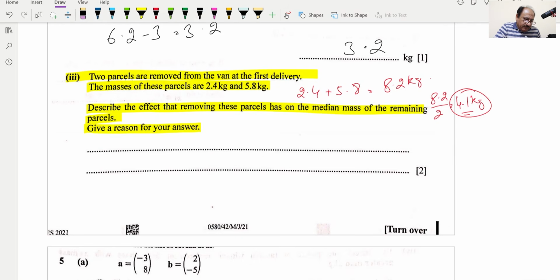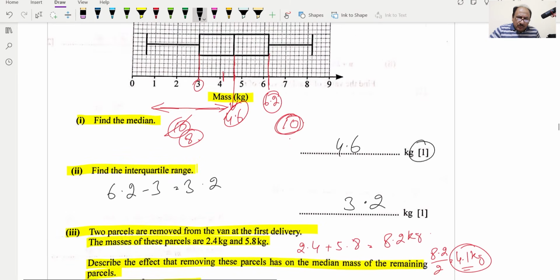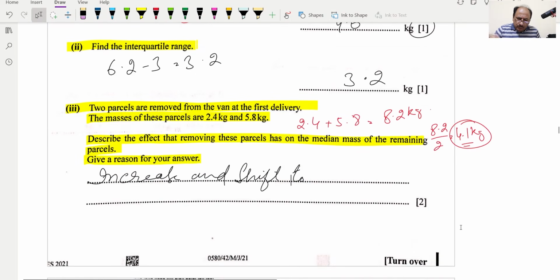We will write: median will increase and shift to the right, shift towards, we can write more clearly, towards the upper quartile.